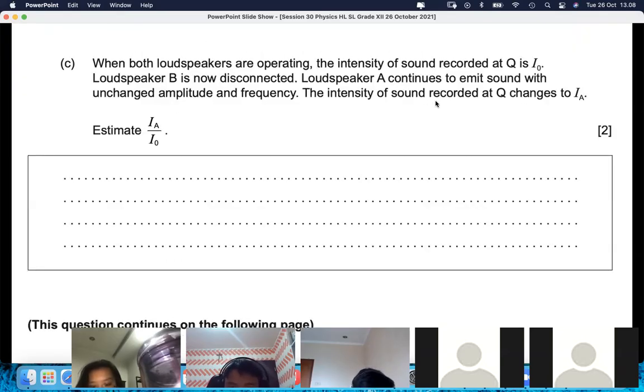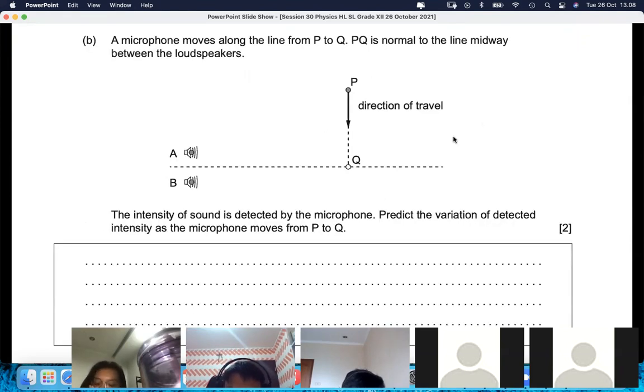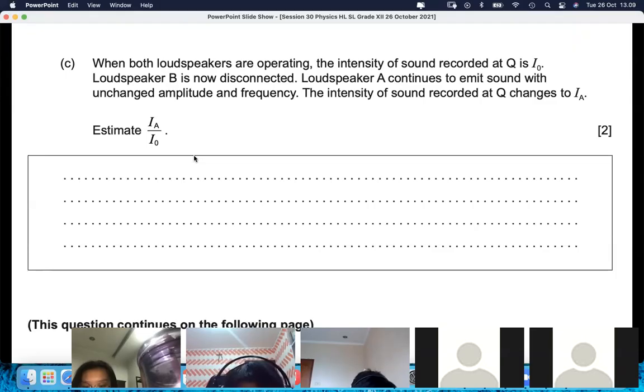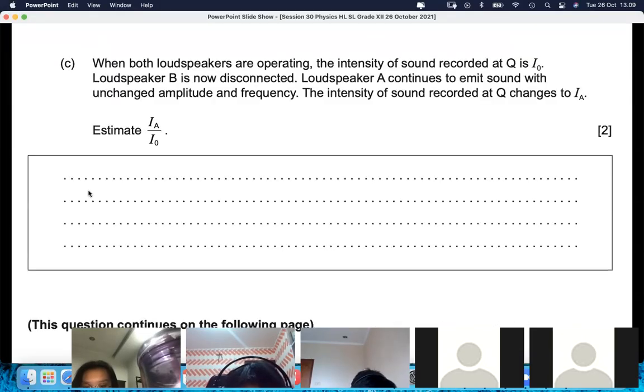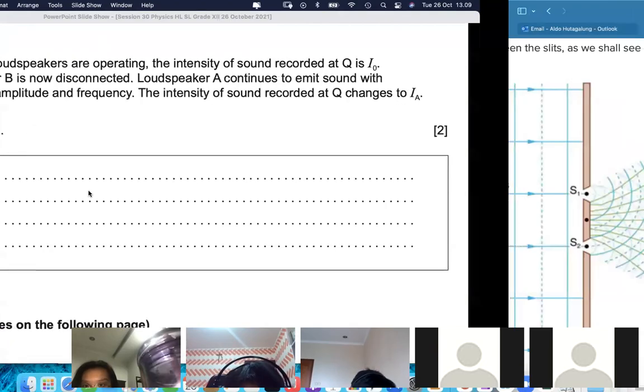The intensity of sound recorded at Q changes to IA. Estimate IA over I0 at Q. So when both operate, we have I0. When only A operates, we have IA. So what's the ratio between IA and I0? This is the trick here.